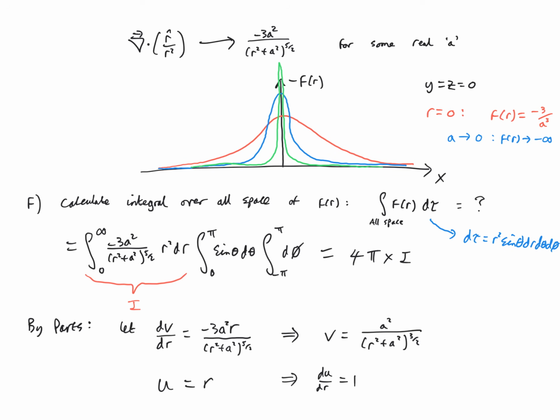And so I can use integration by parts, which tells me that the integral I is u times v minus the integral of v du by dr. And that gives me the following. We have a definite piece, which is u times v, which is integrated between 0 and infinity.